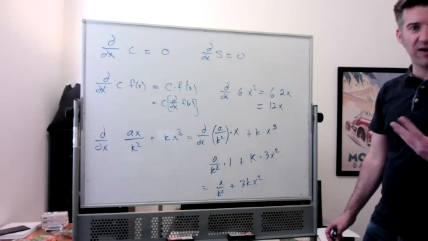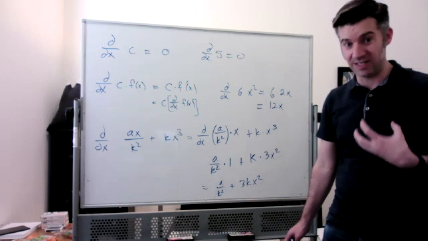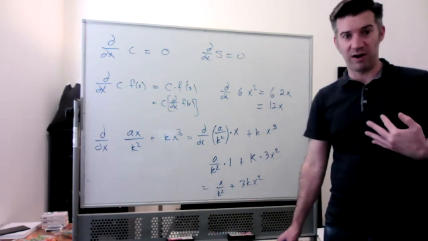So when you have constants that are letters, you have to remember that they're not variables and we don't take the derivative.